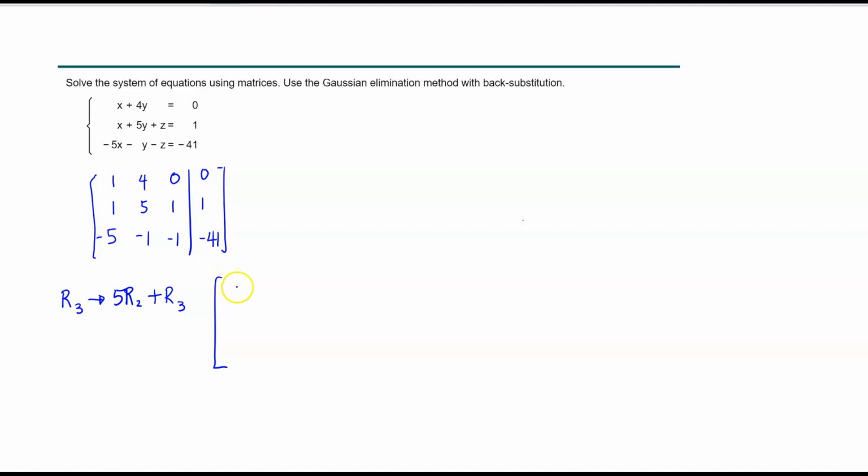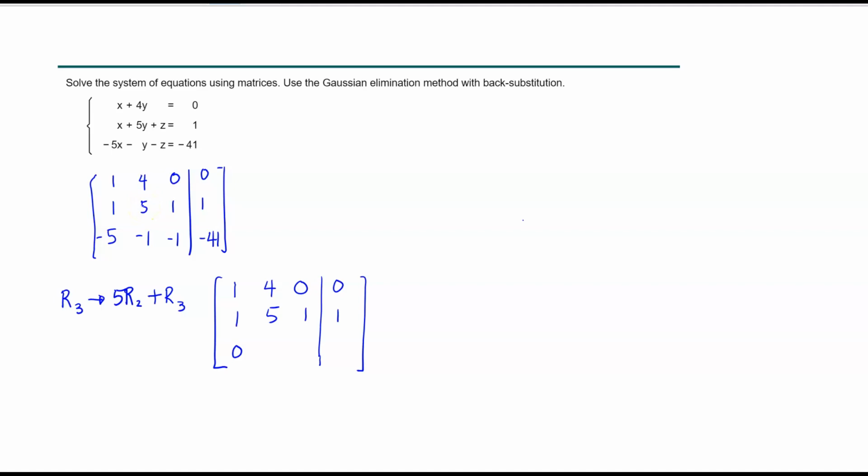So you will copy your first and second row, 1, 4, 0, 0, 1, 5, 1, 1. Then for the third row, you will replace that by this row operation here. So again, you multiply row 2 by 5, so 5 plus negative 5. That's 0.